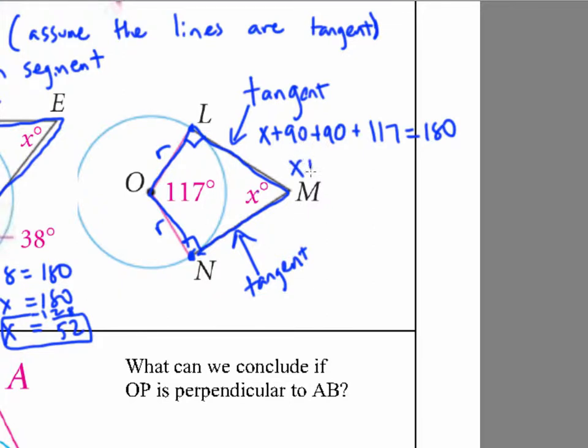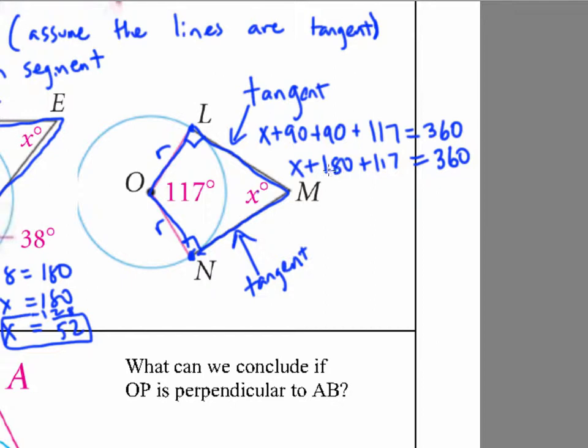So x plus 180 plus 117 equals, oh, you saw my mistake. Let's see if this works. Oh, cool. Equals 360. I'm sorry about that. It's 360 because it's a quadrilateral, not a triangle.